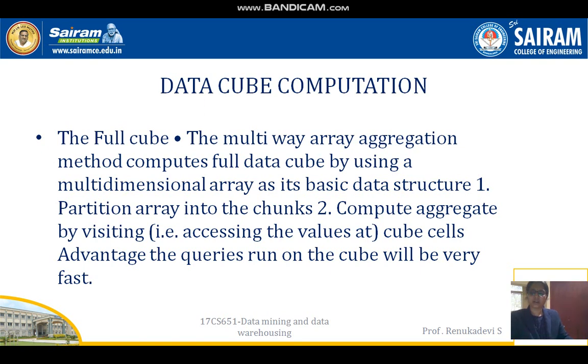The aggregation strategy partitions the array into chunks. A chunk might be a small subcube which fits in memory. Data addressing uses chunk ID and offset, and the multi-way aggregation computes aggregates in multi-way, visiting the chunks in an order that minimizes memory space and memory access.